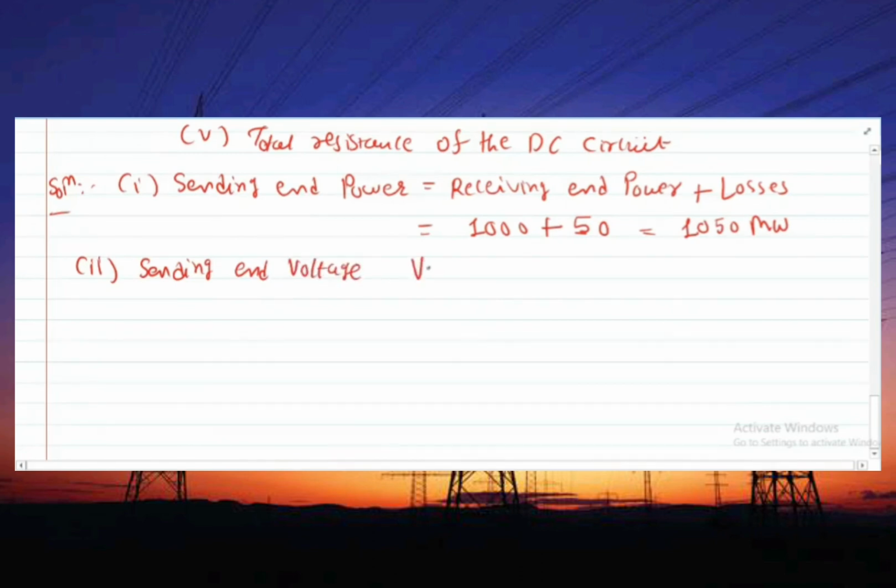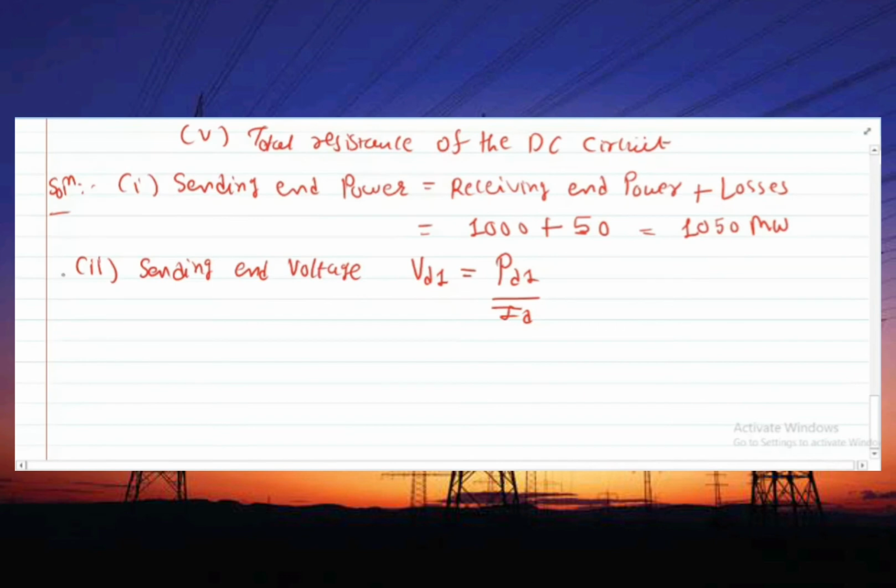The second part is the sending end voltage. This is the rectifier side, so it is denoted by VD1, which is equal to PD1 divided by ID. You know the value of PD1, the sending end power, is 1050 megawatt. But the DC current is unknown.